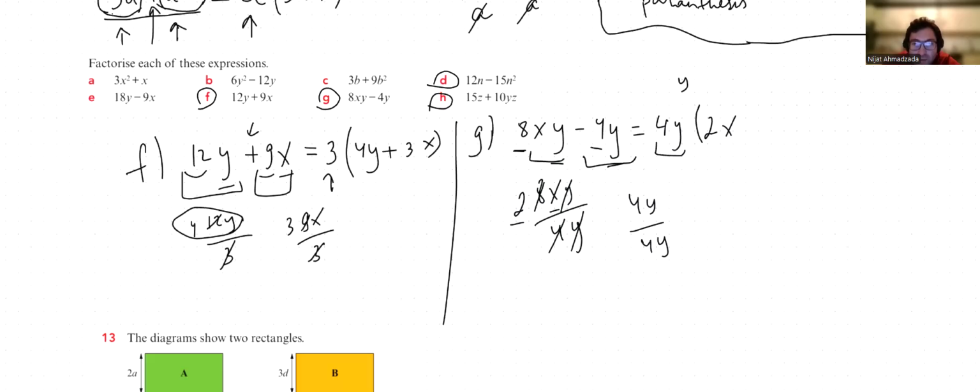Y canceled, 4 canceled. There is nothing, so the answer is 1. Basically 4y divided by 4y is 1. So 2x and 1, and what do we have here? We have minus. So 2x minus 1. That's part G. And now we'll go for D.